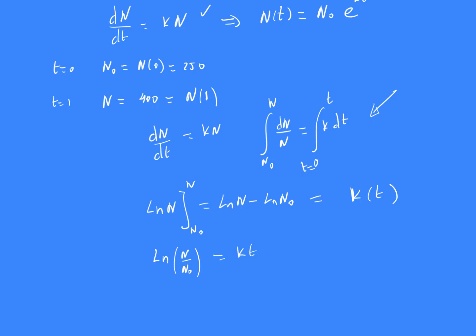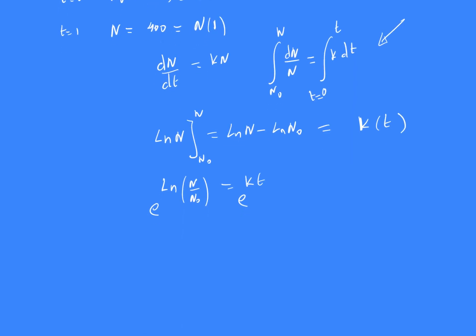So it's easy to find now that if you do e to the natural log of N divided by N0, it is N divided by N0 equal e to the kt, so N of t is equal to N0 e to the kt.